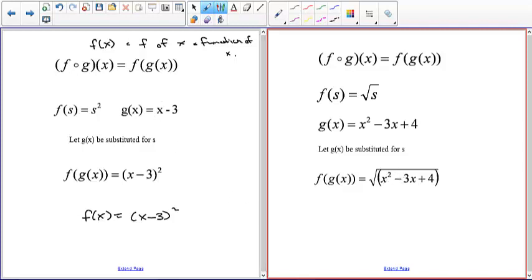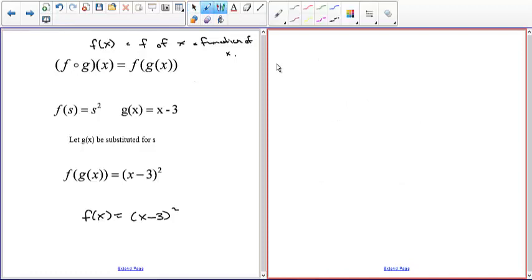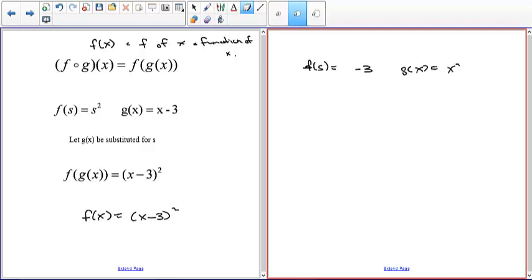Now, what if we change the order of things? So let's say I said that f of s was s minus 3, and g of x was equal to x squared. So I can do the same thing, but it's the opposite order. So in this case, f of g of x.